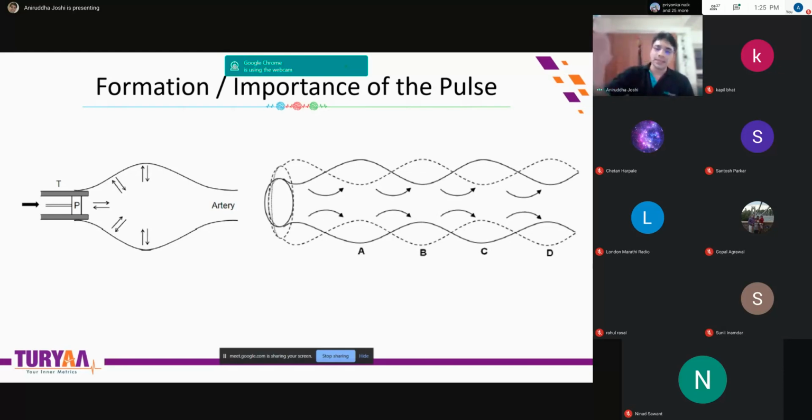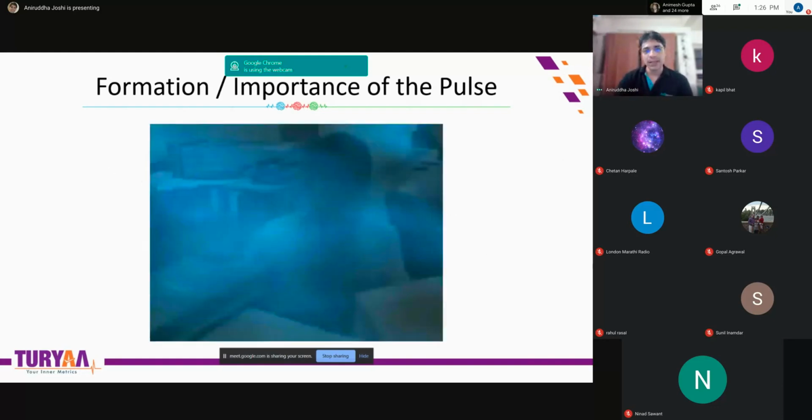So at that particular location, you can feel the ups and downs. Based on flexibility, based on cholesterol, formation of plaque, and so on, the fluctuations are different, and so the feeling is different.